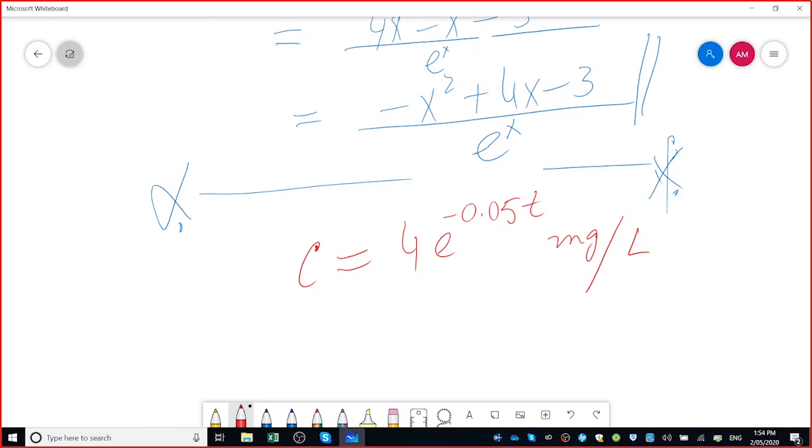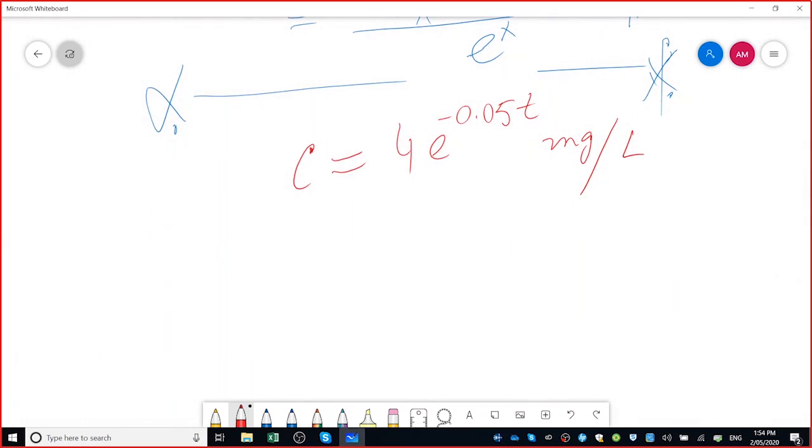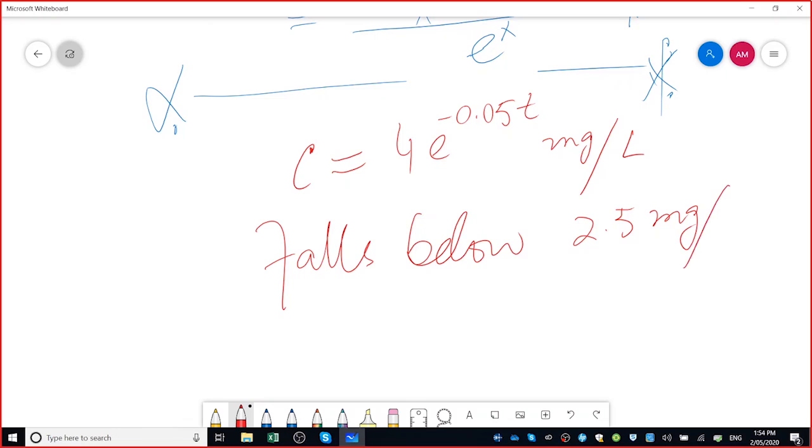Patients are said to be in crisis if the concentration of the drug in their blood falls below how much? Falls below 2.5 milligram per liter. Do you understand?